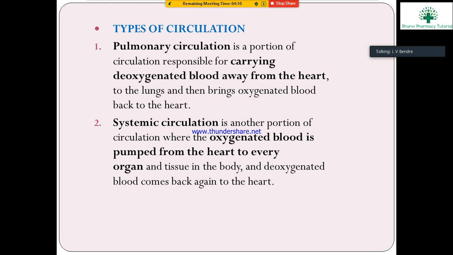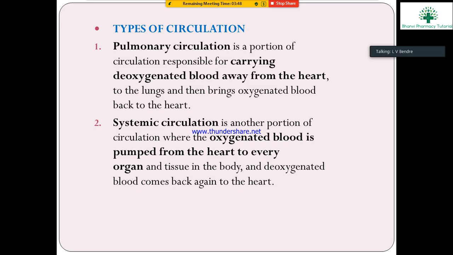What is pulmonary circulation? The pulmonary organ is the lungs. Purification of blood happens there, where oxygen molecules combine with hemoglobin.